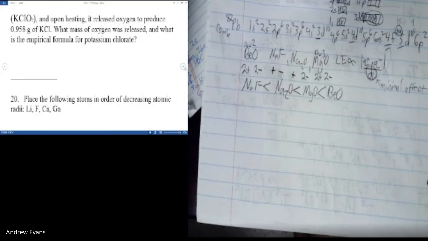Now, when we divide by the lower number to get the ratio of KCl to O, we get 3856 divided by 0.12. You get a ratio that's 2.996 to 1, which is safely 3 to 1. So your empirical formula should be KClO3.